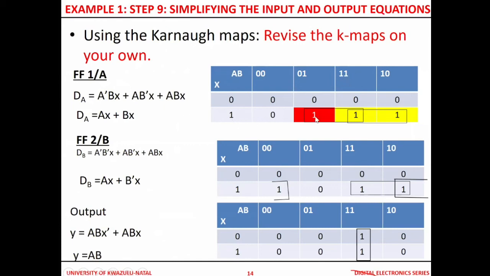Then you close this and close that. Then you get DA is what? A plus BX, or AX plus BX.